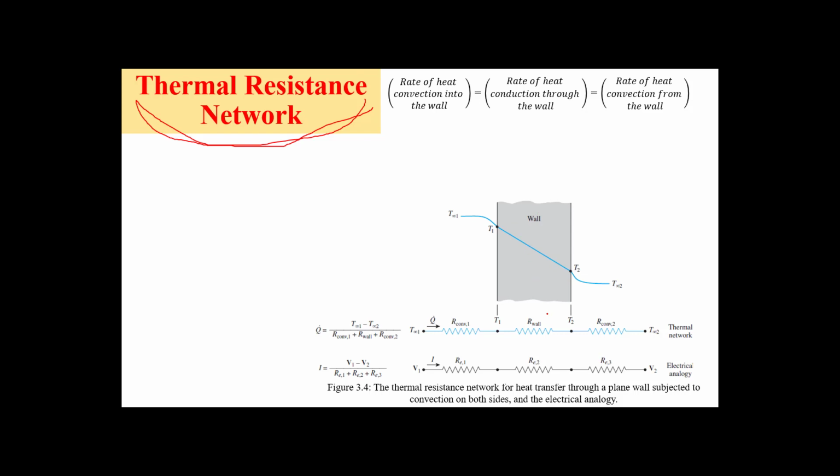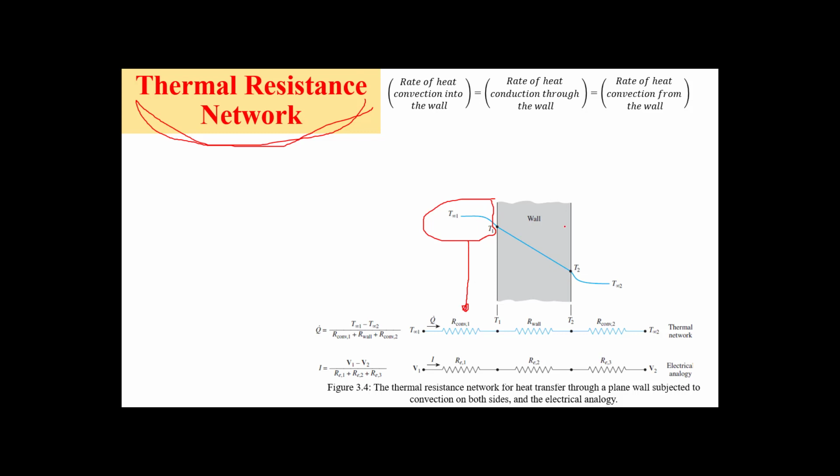Now, if we have a wall in this example, and from this side we have certain resistance coming from convection.